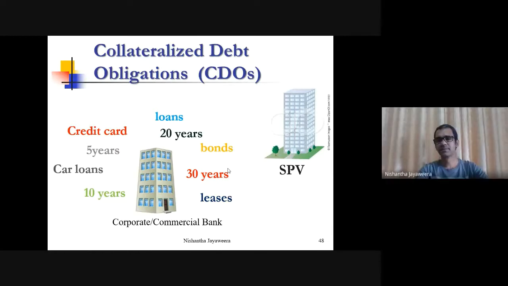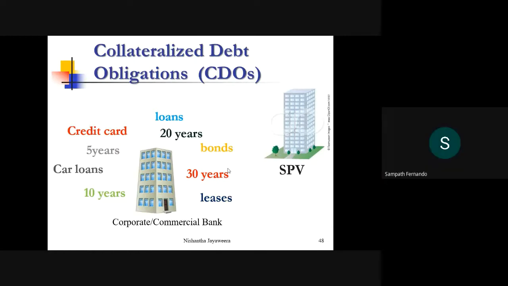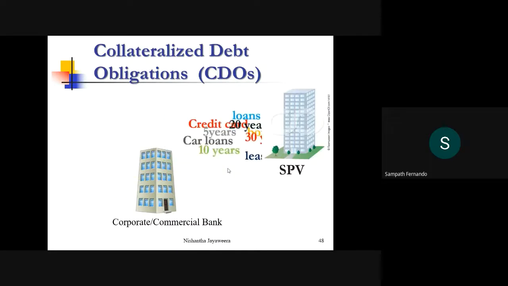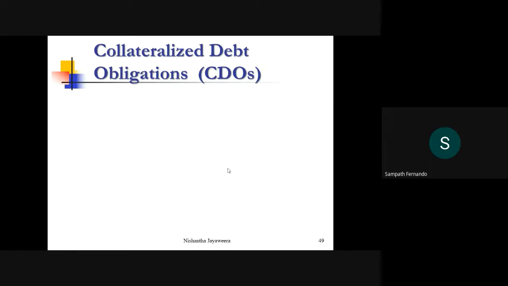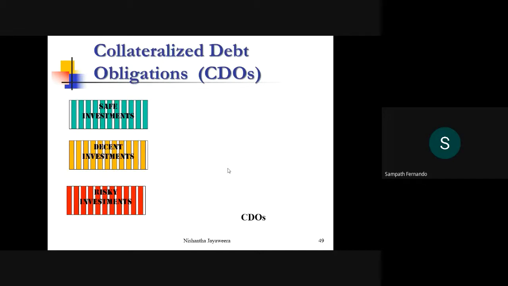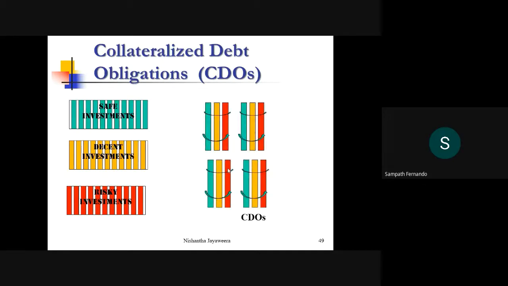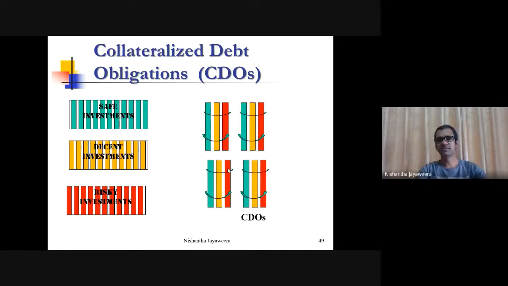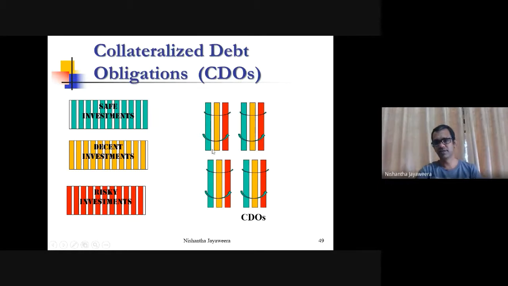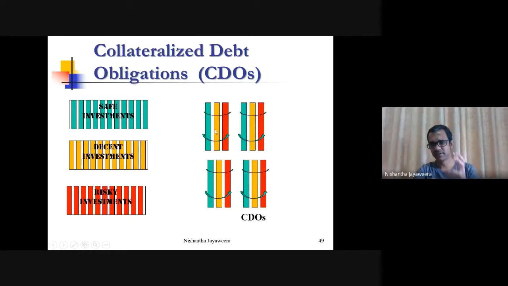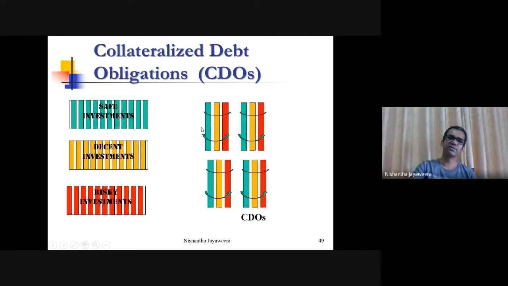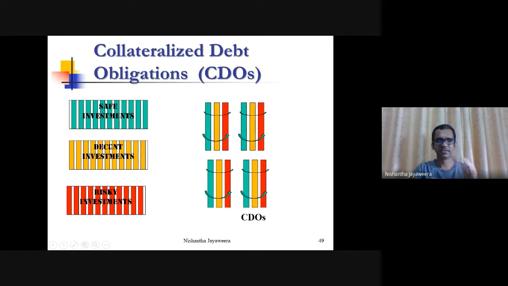Yes. So in the 49th slide, that means in one tranche, there may be several assets which are safe investments. In one collateralized debt obligation, the cash flow would be from the safe or less risky investments and mostly risky investments.